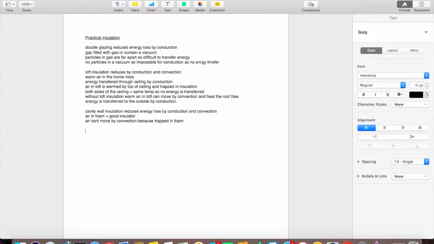Insulation blocks used to build new homes have shiny foil on both sides to reduce energy loss by radiation.